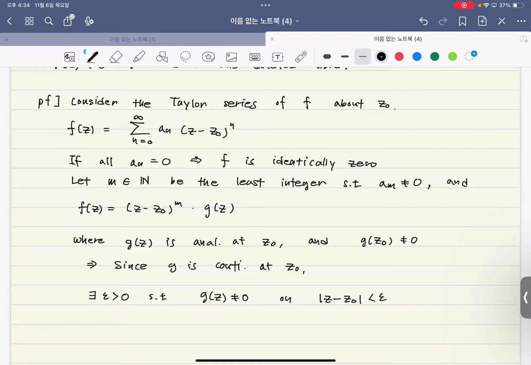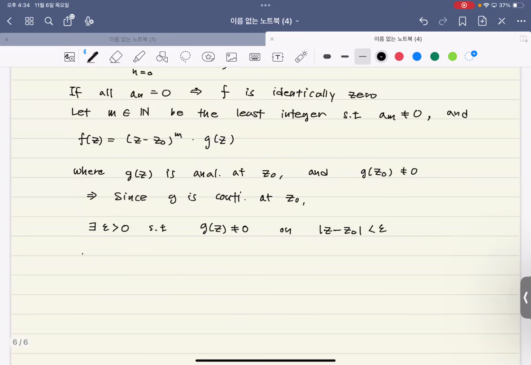Existence of such a neighborhood is guaranteed by the continuity of g. Therefore, f of z is never 0 on this deleted neighborhood.